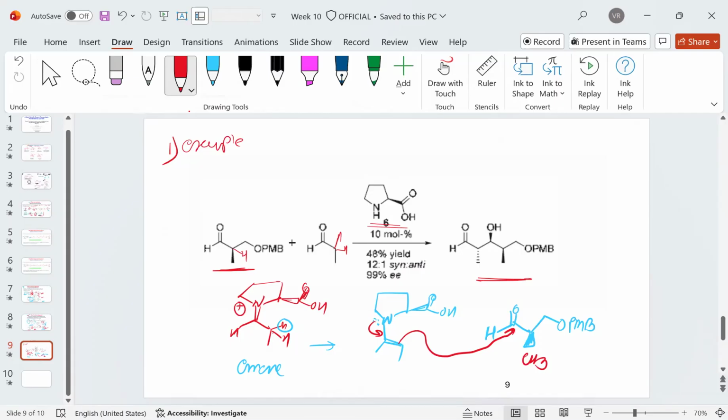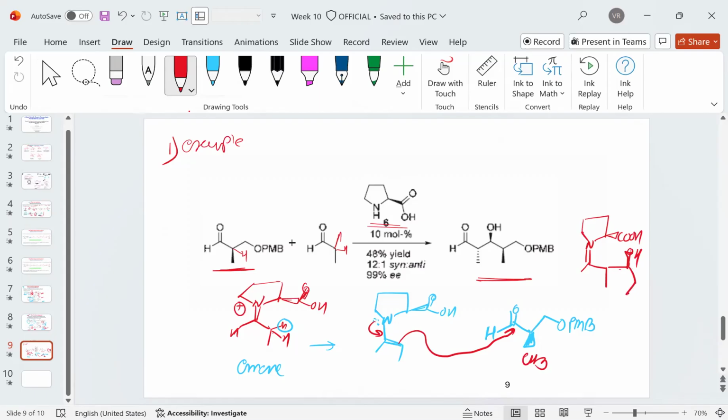Once this attack takes place, the intermediate we get here is this one. So the attack on this oxygen takes place from the back side, so OH comes on the front side.